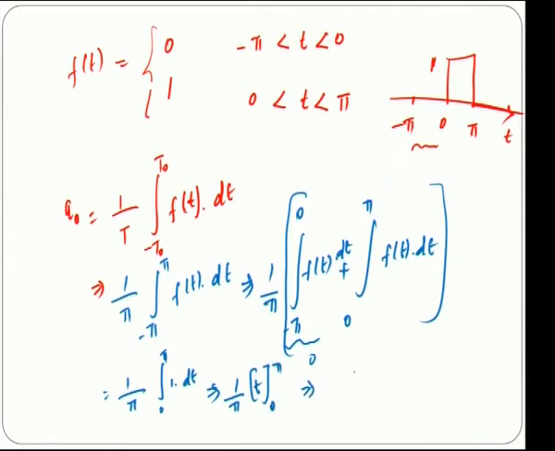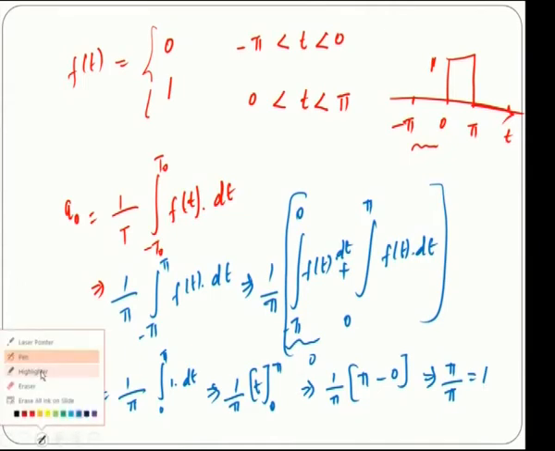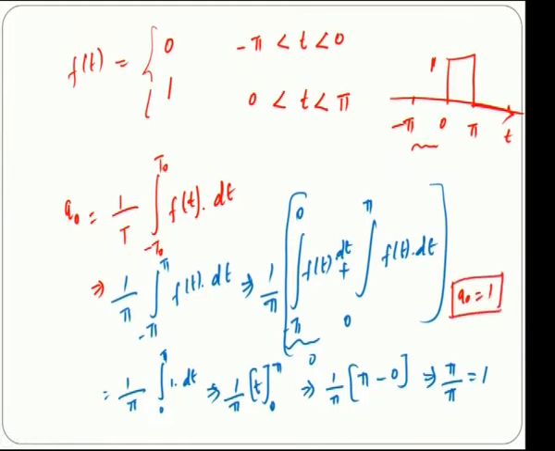So, you get 1 by pi times pi minus 0. So, finally, you get pi by pi, which is equal to 1. So, a naught value is equal to 1.